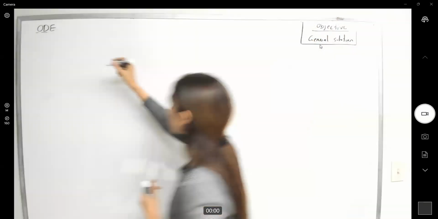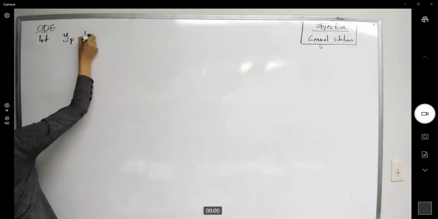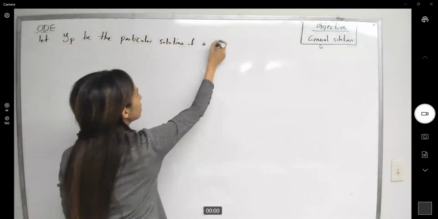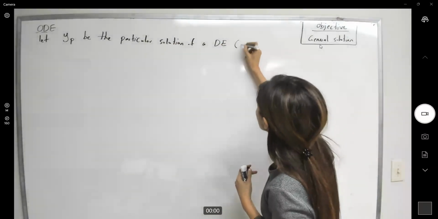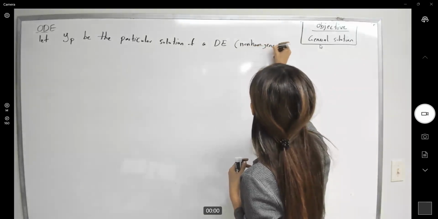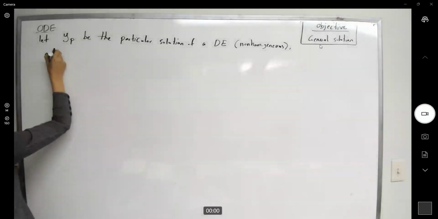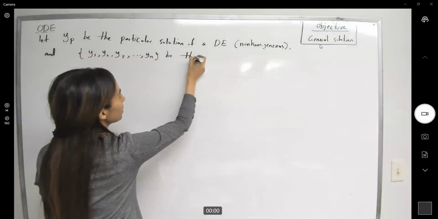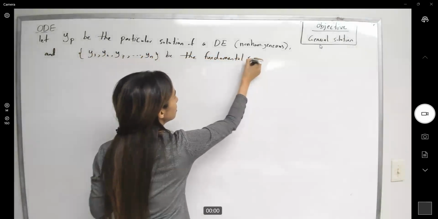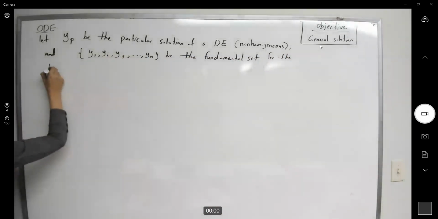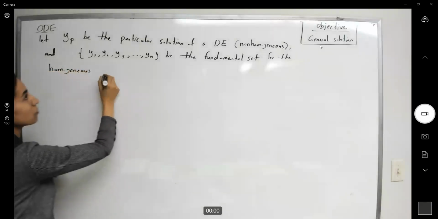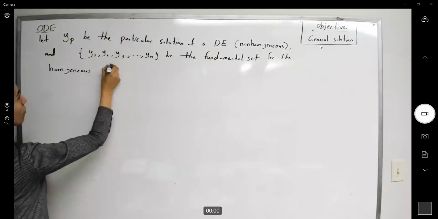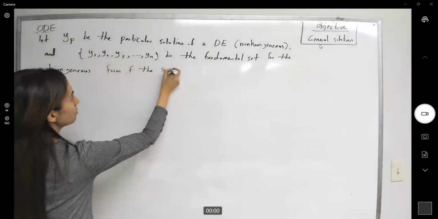Well, let y sub p be the particular solution of a differential equation in non-homogeneous form, and suppose the set including y1, y2, y3, and yn be the fundamental set for the homogeneous differential equation associated to that particular solution for the non-homogeneous form of the same differential equation.